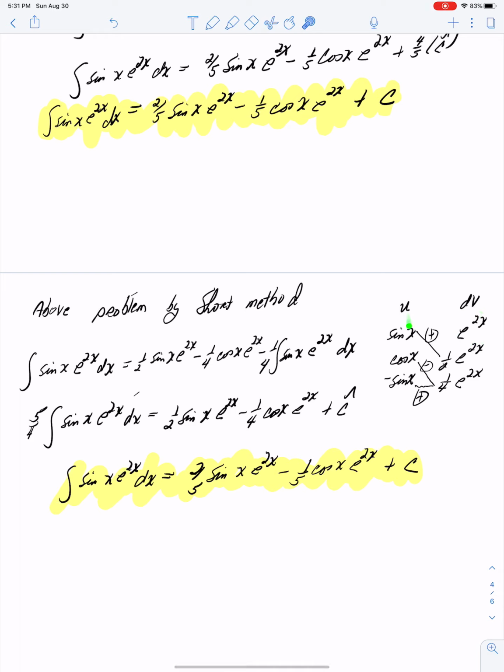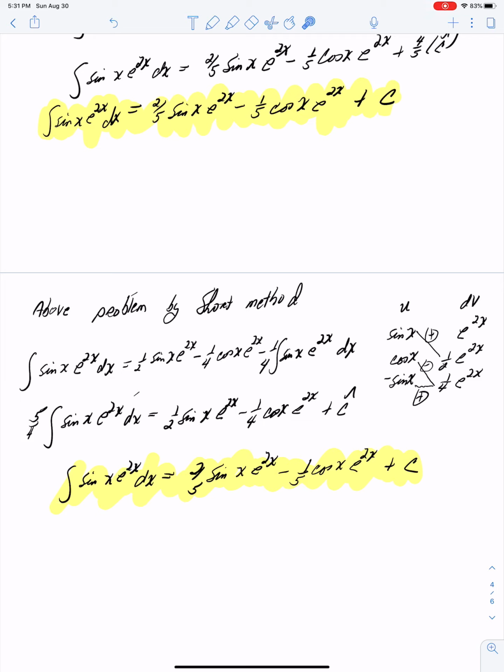Now, what do we do in the u column? The answer is take a derivative. What do we do in the dv column? The answer is integrate. So we start with u being sine x, then its derivative is cosine x. The derivative of that is minus sine x, and that's where we stop in the back solve.